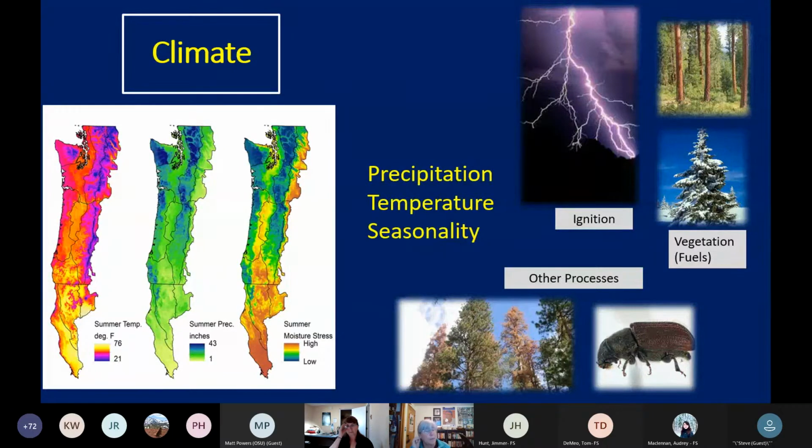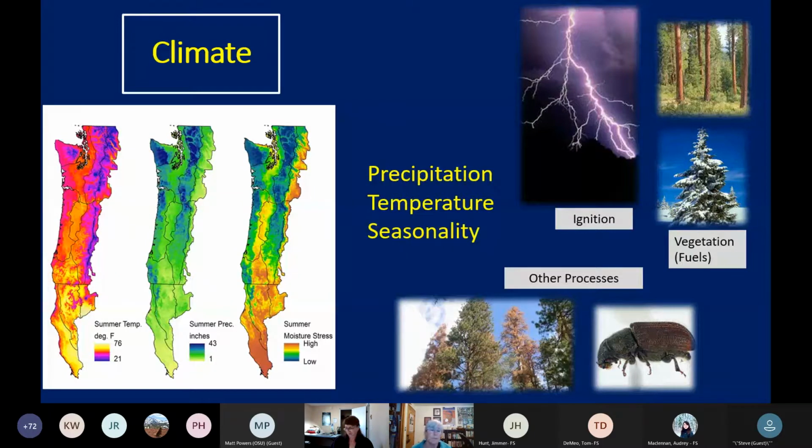Climate is incredibly important, and it's got a very direct and indirect relationship with fire. Not only the overarching precipitation and temperature regimes, but how those are distributed seasonally really affect fire's movement through the landscape.